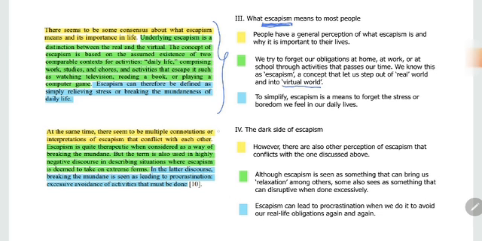And then on the fourth one, notice the use of the "at the same time" transition here, because it's now showing you the darker side, di ba? If the third paragraph talks about the positive benefits, the fourth talks about the negative effects.